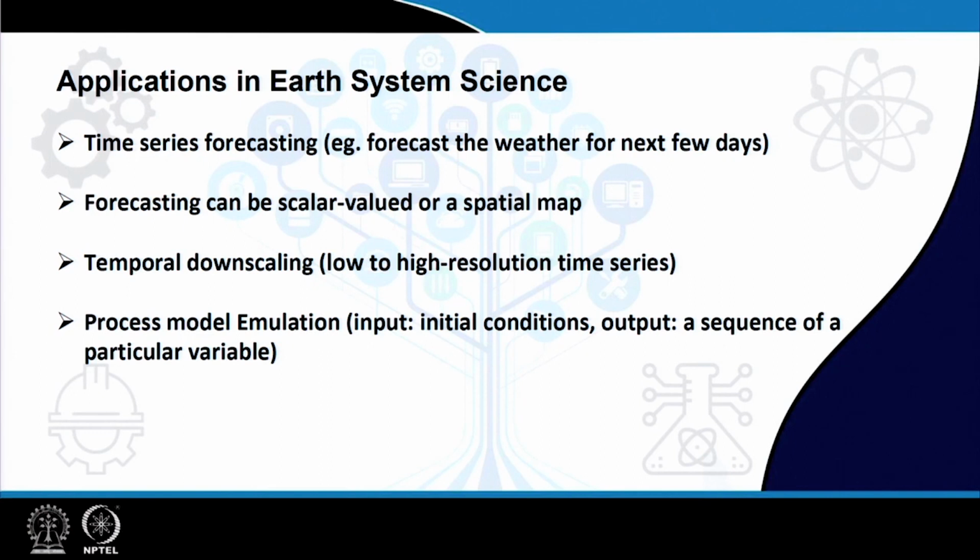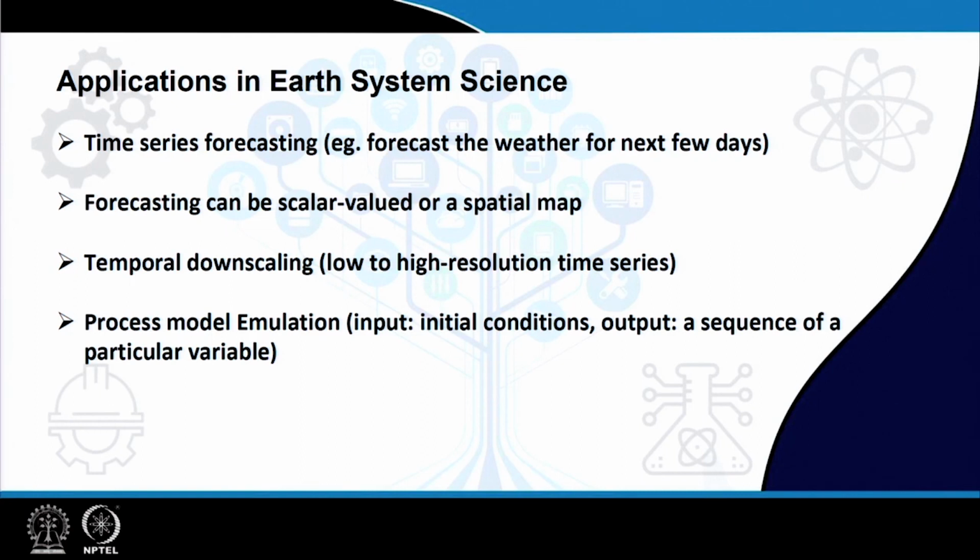For example, in time series forecasting, suppose we want to forecast the weather for the next few days. This is an example of a sequential prediction problem. Now this forecasting can be either scalar valued or a spatial map. That is to say, we may want to forecast the total amount of rainfall that is going to happen in the next few days, or I may want a full spatial map of the rainfall distribution over a particular area for the next few days.